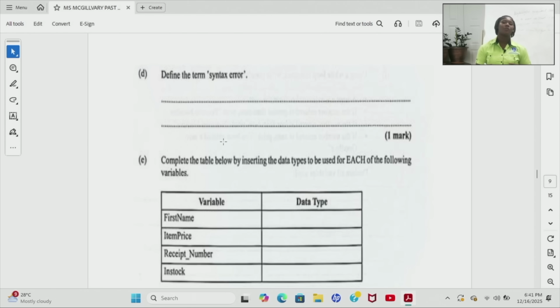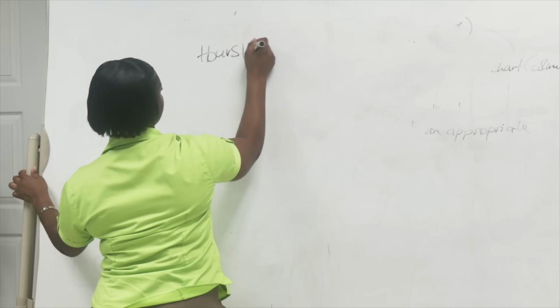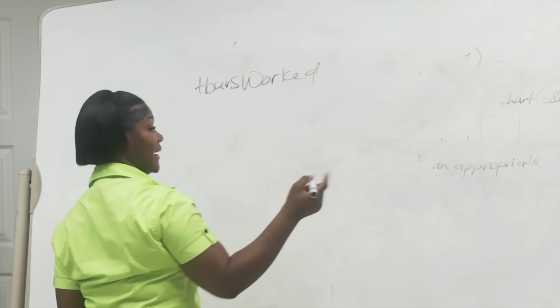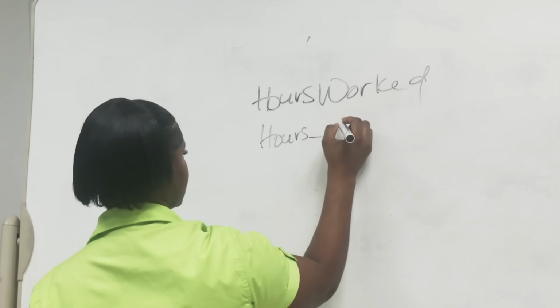So we've been talking about variables all along, and at one point earlier I mentioned, you realize that I'm keeping my variables consistent because this is an example of a syntax error. If I have hours worked, and then I have another variable name, hours underscore worked.